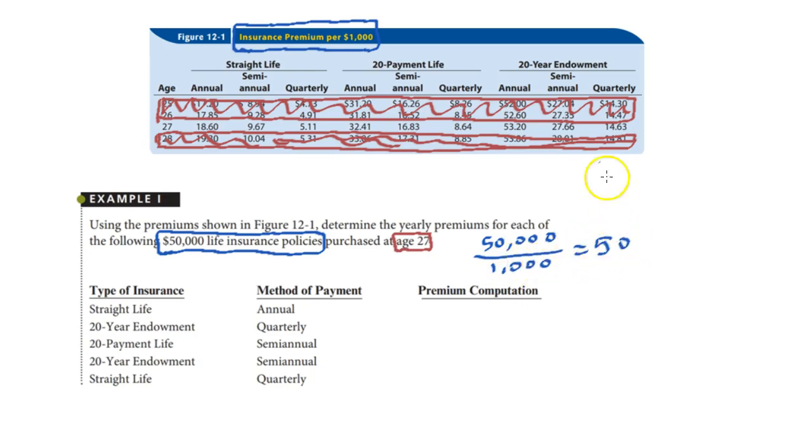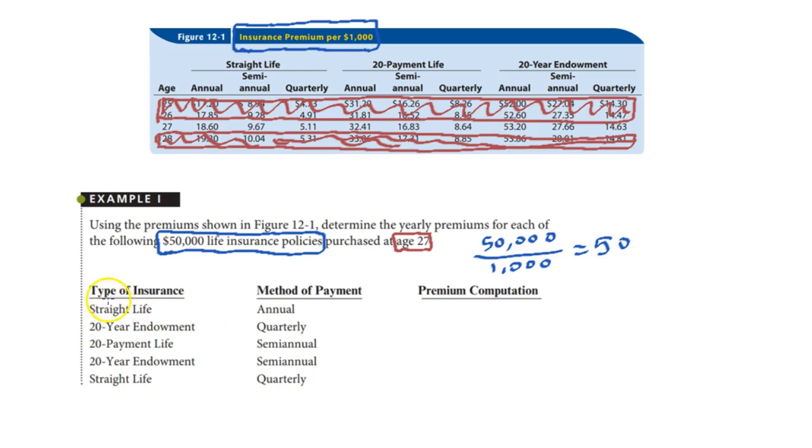So it's 50 times whatever value we end up finding in here. Okay, and another piece of information that we need to know is how to deal with it. Actually, we'll get there. I'll explain the last little portion that we really need to know, besides just reading these values in here and figuring out which part of the chart we're looking at.